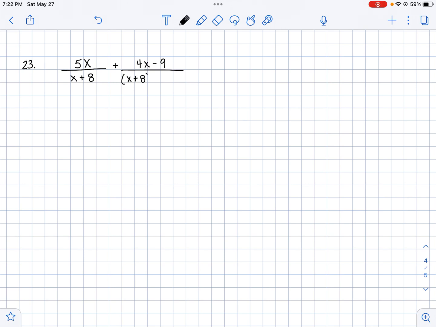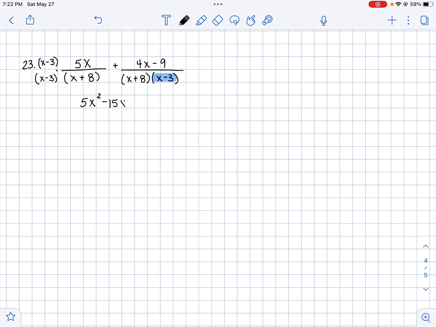And I'm going to factor the denominator, so this is x plus 8, x minus 3. So again, in order to combine these, I need a common denominator, and this left-hand side needs an x minus 3.